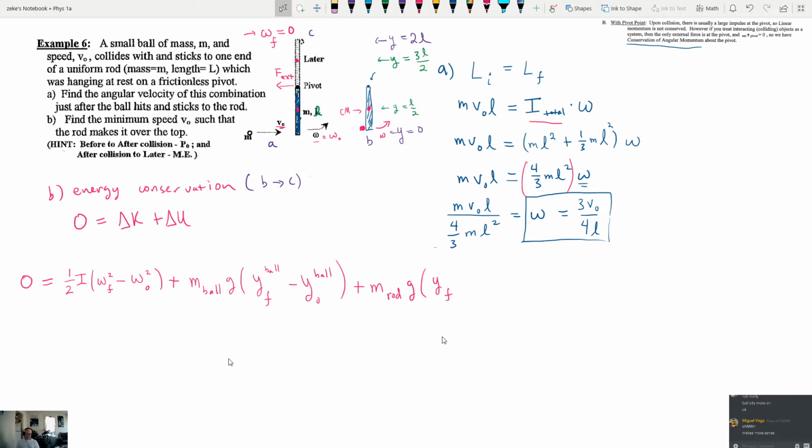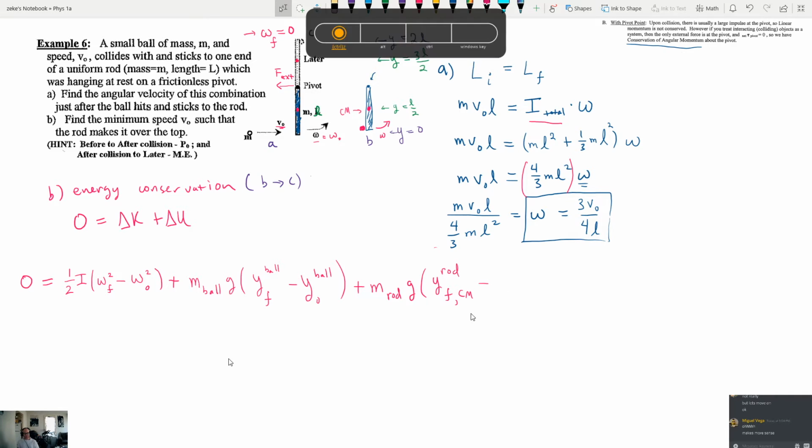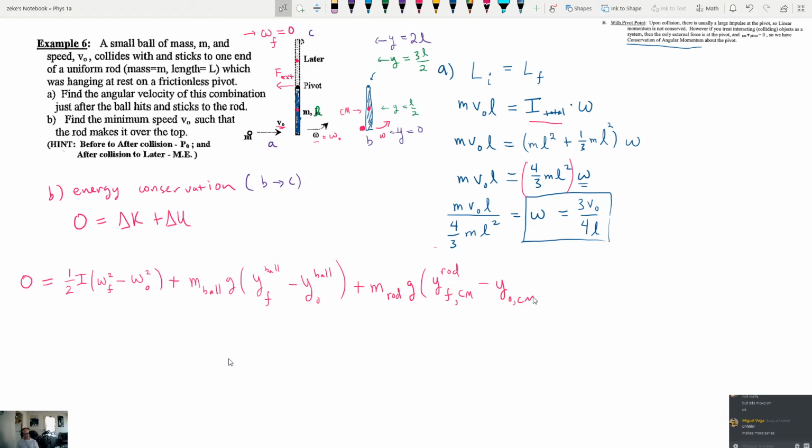Now this is where you have to write a whole bunch of symbols. For y final for the rod, it's going to be the y final coordinate of its center of mass, minus y initial of the center of mass of the rod.